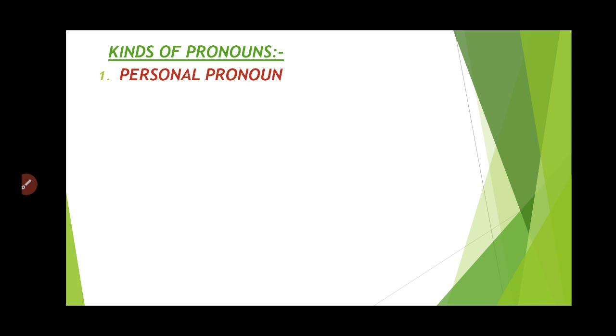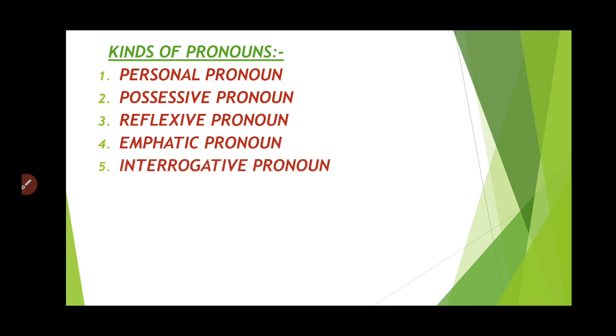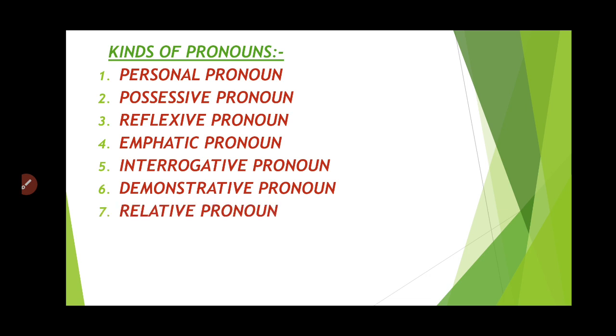Number 1 is personal pronoun. Number 2, possessive pronoun. 3 is reflexive pronoun. Number 4, emphatic pronoun. Number 5, interrogative pronoun. Number 6, demonstrative pronoun. Number 7, relative pronoun. Number 8, distributive pronoun.